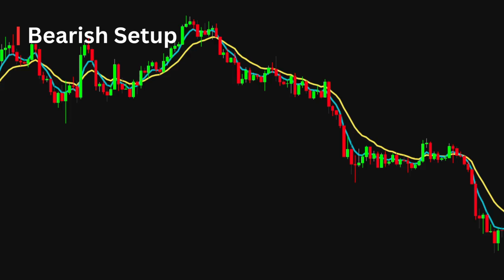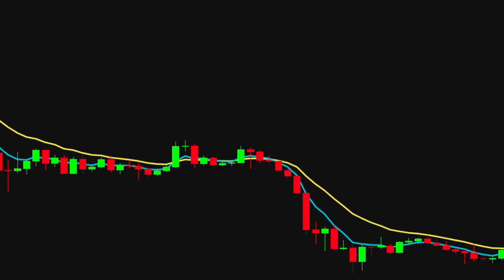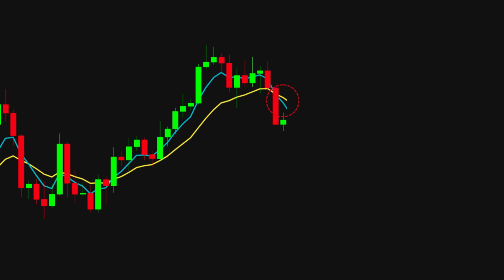In a bearish setup, the process mirrors the bullish model, but in the opposite direction. When the 5 EMA crosses below the 13 EMA, it signals that short-term bearish momentum is beginning to build, with price accelerating downward faster than the immediate baseline. However, the crossover itself is only the alert, not the entry.